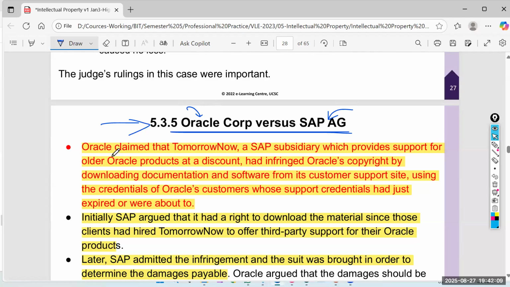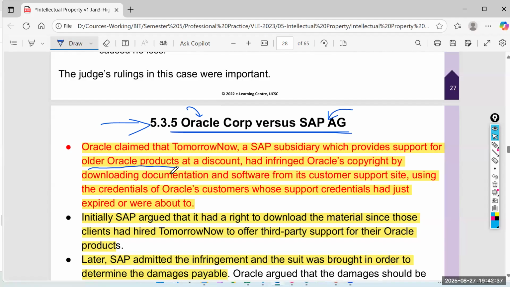Oracle had a subsidiary which provides support for Oracle products, and SAP, being an ERP vendor, has experience in that field. What SAP did was, its subsidiary started providing support for Oracle systems.